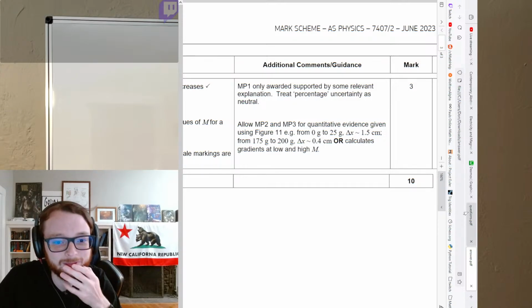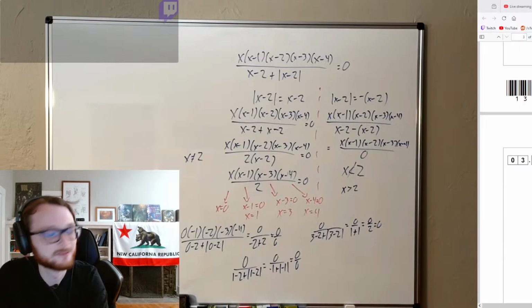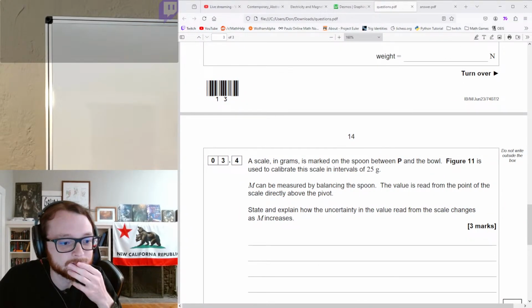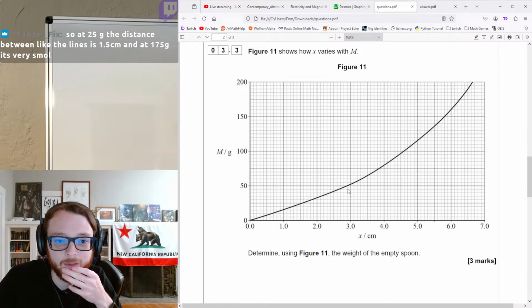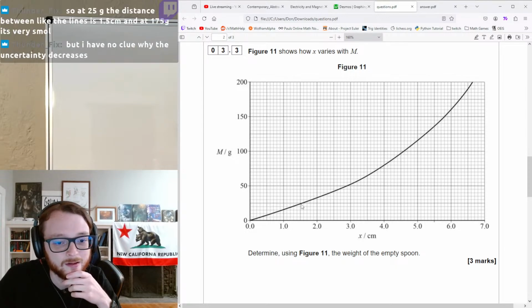Okay, so figure 11 is obviously important here. Let's go back. I think this is the important bit. Oh, because it has this increase. At 25 grams, the distance between the lines is 1.5 and 1.75.